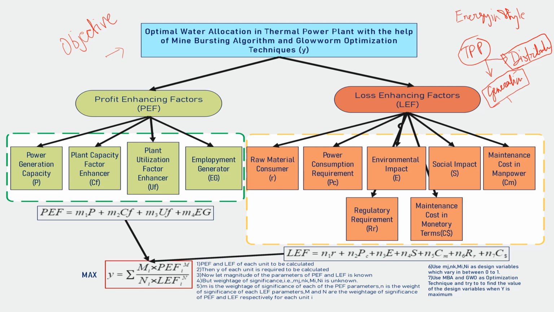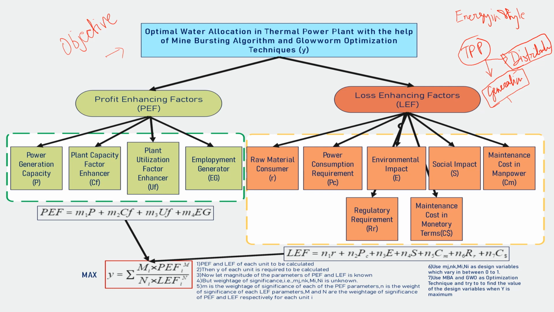But if you say which one unit has more importance, generation unit or distribution unit, then it is a decision making. More or less, most of the people who worked in the thermal power plant or who do research on thermal power plant, they will try to say that yes, the generation unit is more important compared to distribution unit. But my argument will be, if it is generated and not utilized, why are we generating this power?